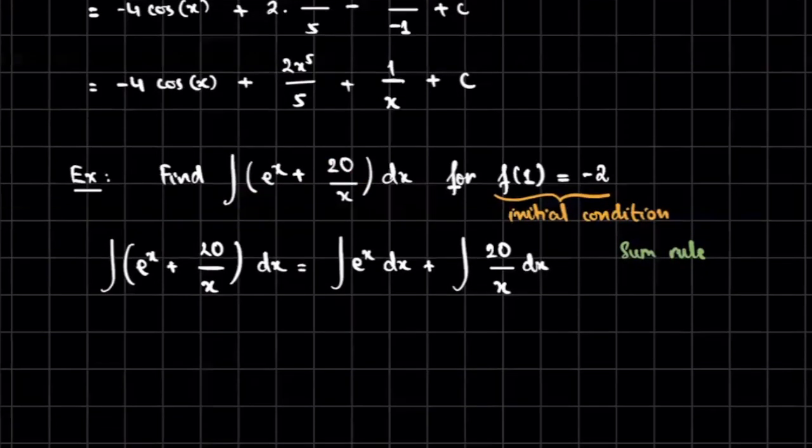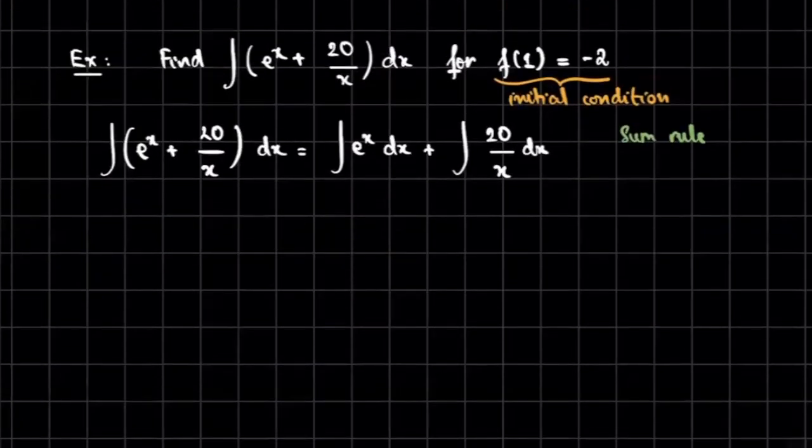Now, the next step is to evaluate the integral. For the first integral, it's straightforward. The antiderivative of e to the x is just e to the x. So you get here e to the x plus, for the second integral, 20 is a constant multiple, so you can pull that out of the integral. You have 20 times the integral of 1 over x dx. Now for 1 over x, you cannot turn this into a power function.